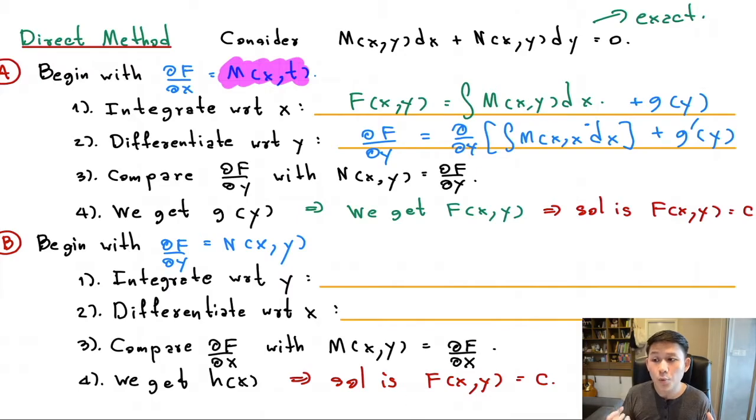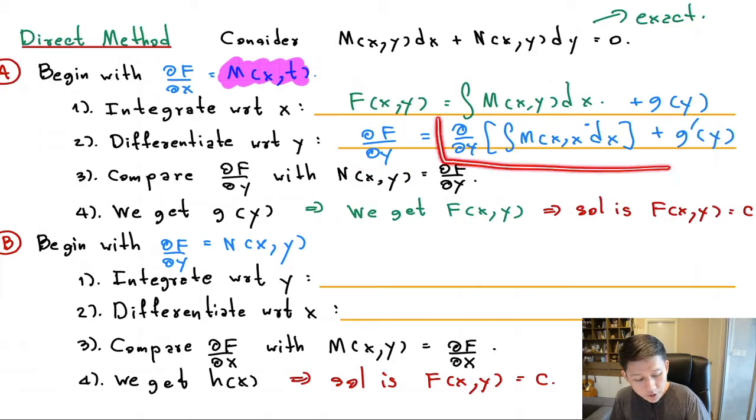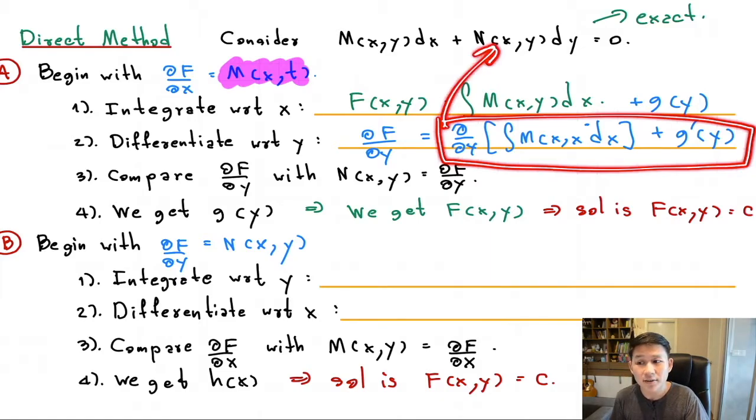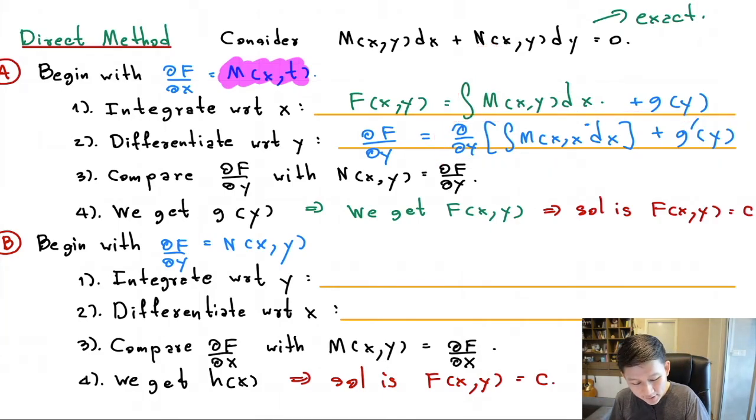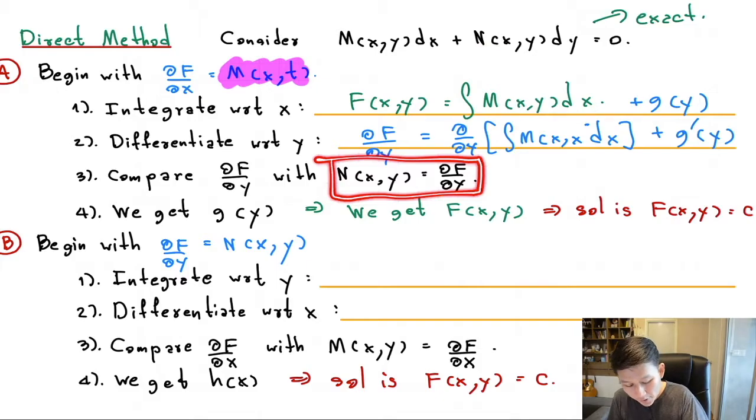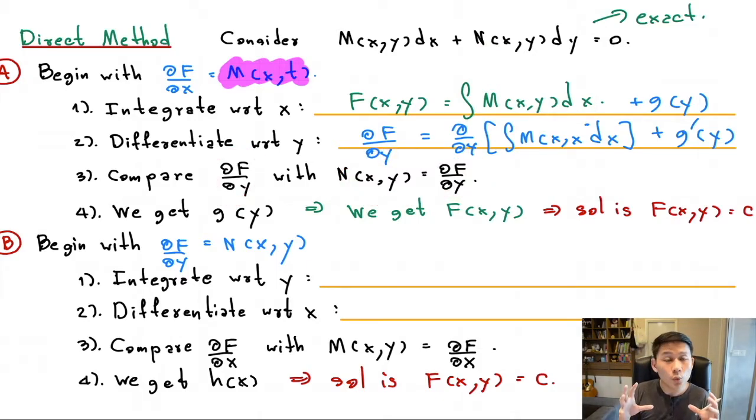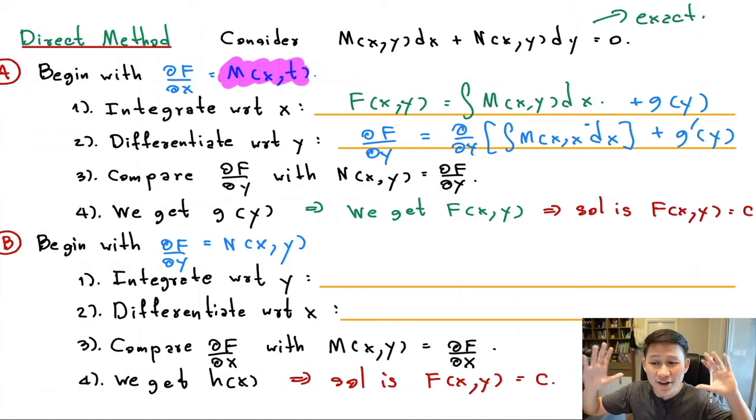And then we compare df by dy, which looks like this, with N, because it's an exact equation, so we know that N is df by dy. When we compare these two, we get g(y), and when we get g(y), we get f(x,y) as well. Okay, just think of it as a general idea. It will be clear when we look at exercises.